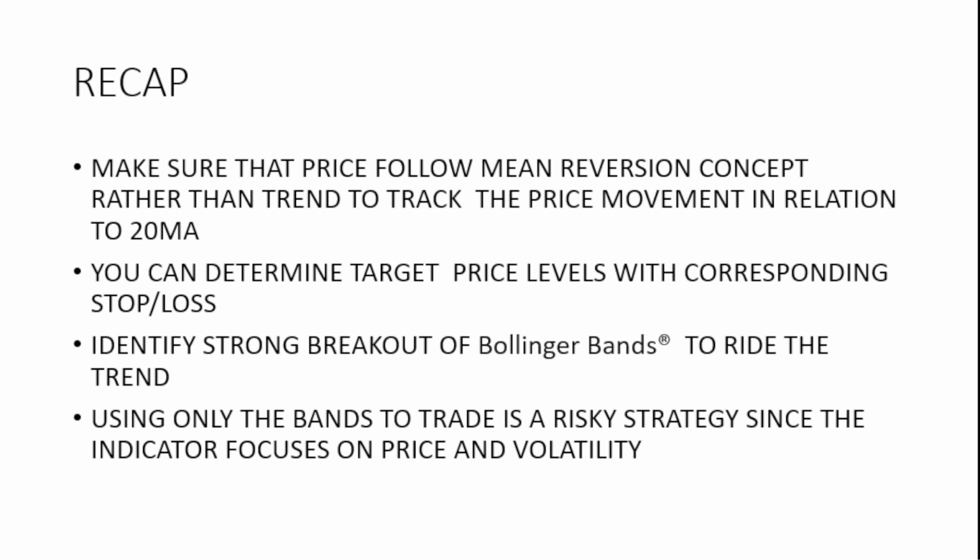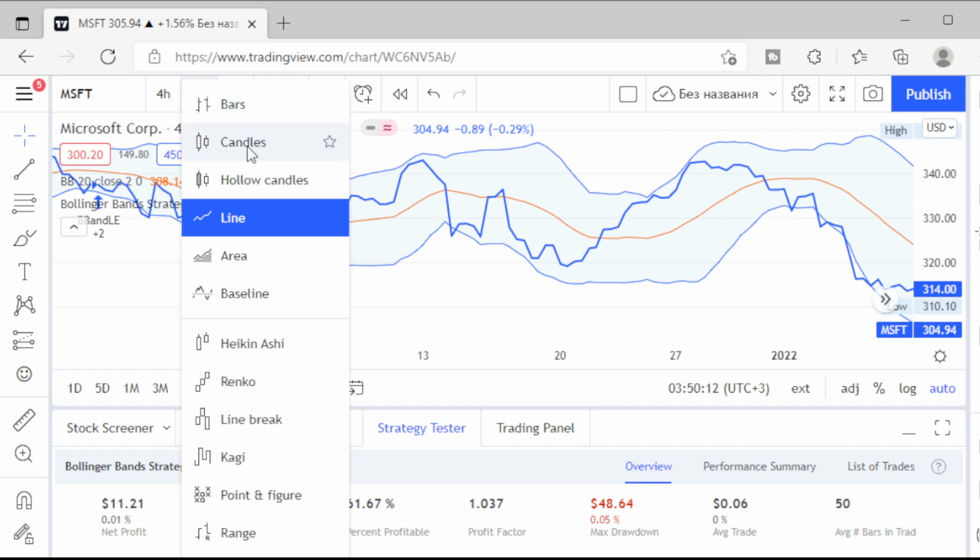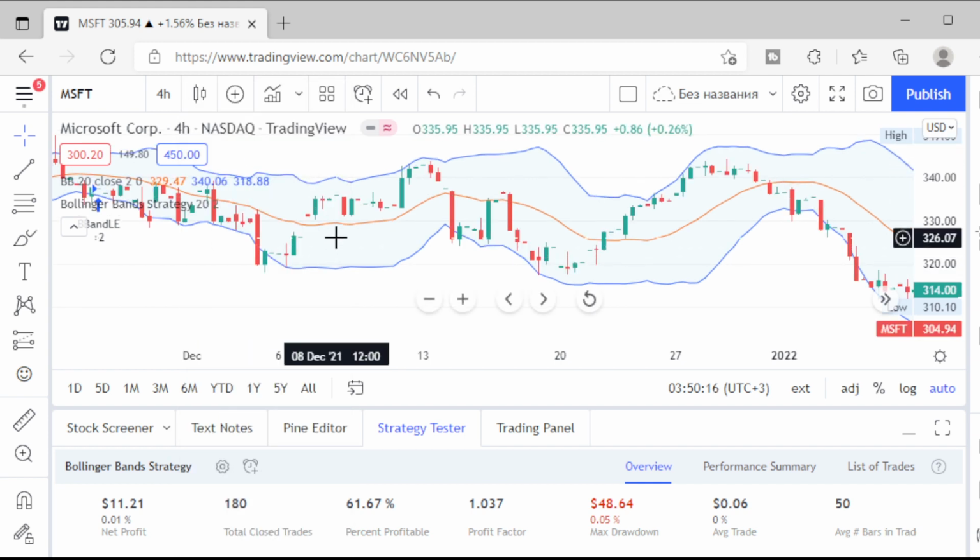And now we can also test it and see how robust and how strong the strategy is. Let's go to the real market conditions. Here we have Microsoft Corporation, and we can test it right now.